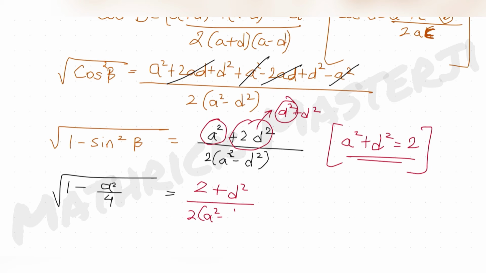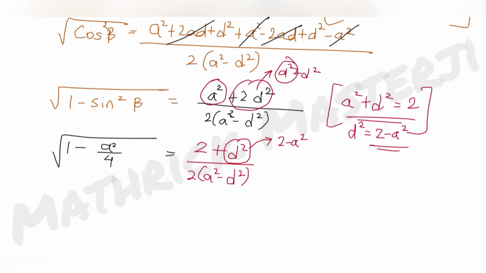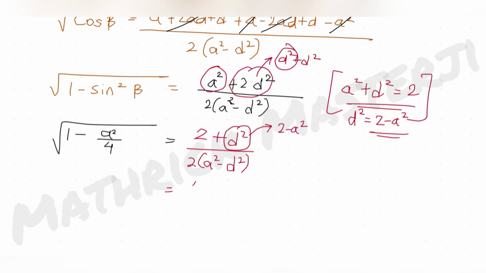And further, if I want to simplify this also and convert this also in terms of a square, I can write d square as 2 minus a square. So I can write this as 2 minus a square. So what I get from here is 2 plus 2, which is 4 minus a square, divided by 2a square minus d square. And that is equals to square root of 4 minus a square divided by 4.